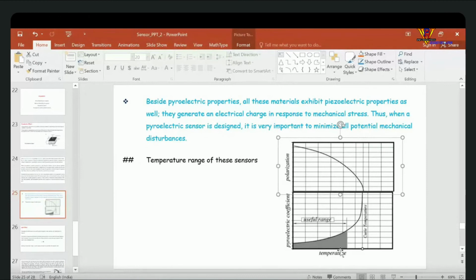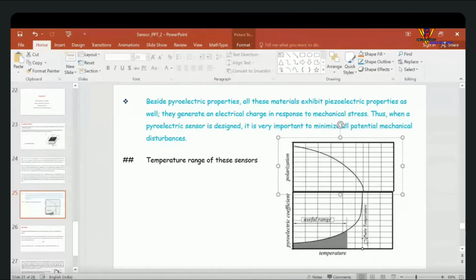Similarly, if we increase the temperature, there must be some pyroelectric coefficient of temperature. The material may have a positive or negative pyroelectric temperature coefficient. Positive means on increasing the temperature, its coefficient increases. Will it increase always or not?